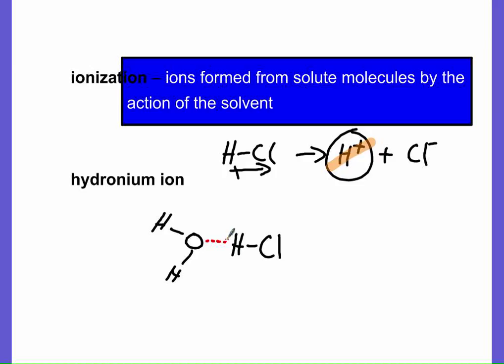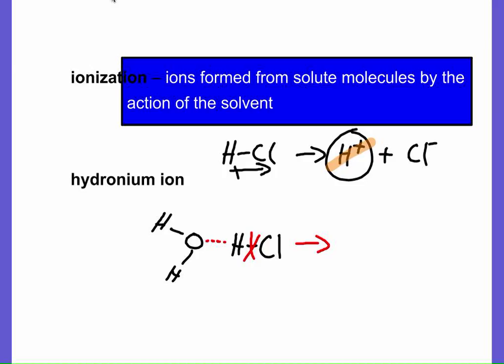And ultimately, because of that very strong attraction, stronger even than this bond holding the hydrogen and the chlorine together, you're going to have that bond break, and a new bond's going to form between the oxygen and that hydrogen.